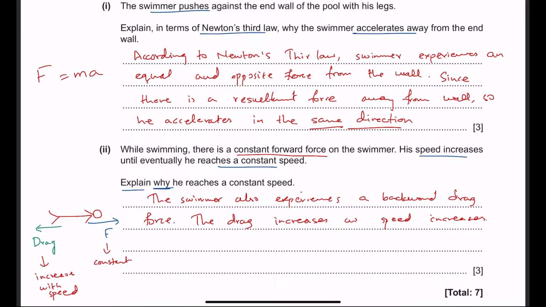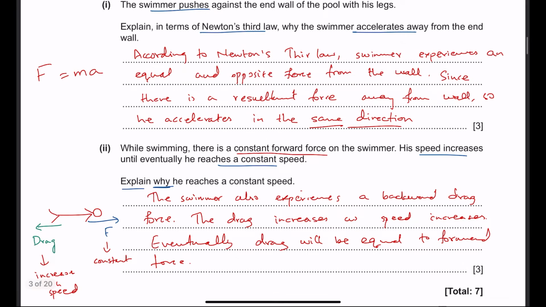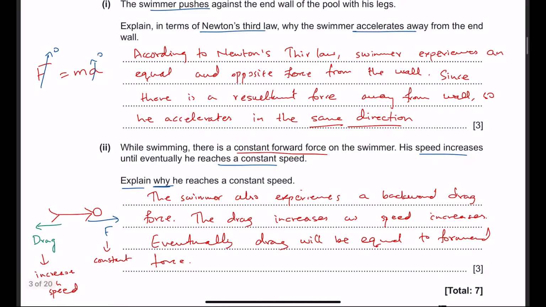Of course, if the drag becomes bigger and bigger, the resultant is going to get smaller and smaller, and eventually the drag will be equal to the forward force. So the resultant is 0, and if the resultant is 0 as explained above, then acceleration is also 0.